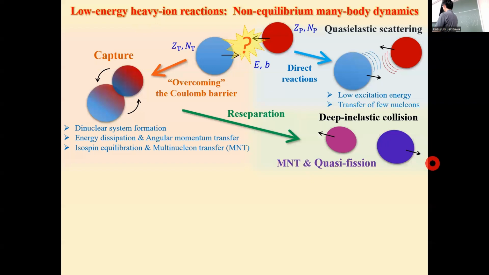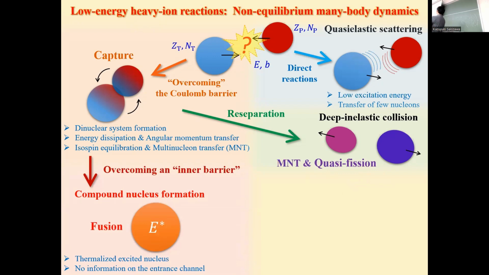So this is deep inelastic, and the nuclei are also different because of the multi-nucleon transfer reactions. We can also have the so-called quasi-fission, which I will explain later, where a lot of nucleons can transfer after the dinuclear system formation.